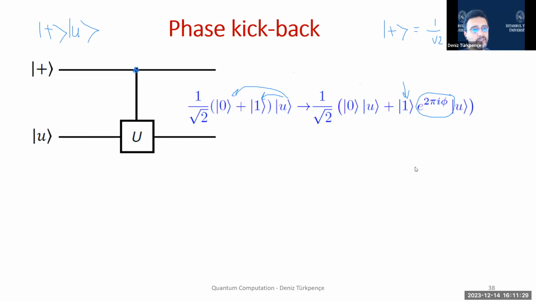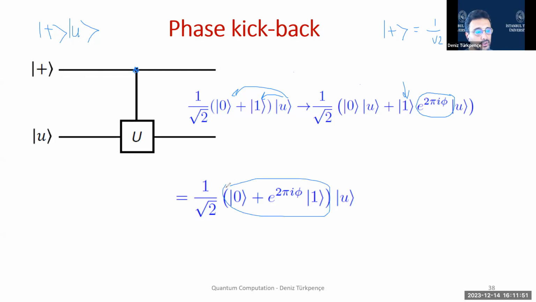But because of the tensor product properties, this factor can be written in front of the first qubit. And if I take U into the global parenthesis, what I obtain is the following. Now I have this factor as a relative phase factor on the first qubit. So this is still the first qubit, this is still the first qubit, here I have a tensor product, and this is the second qubit.